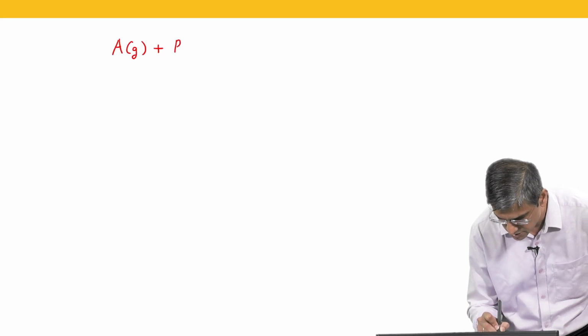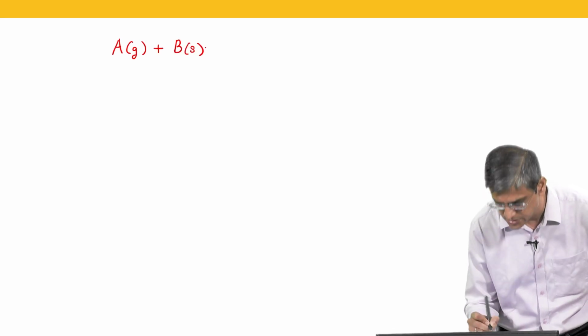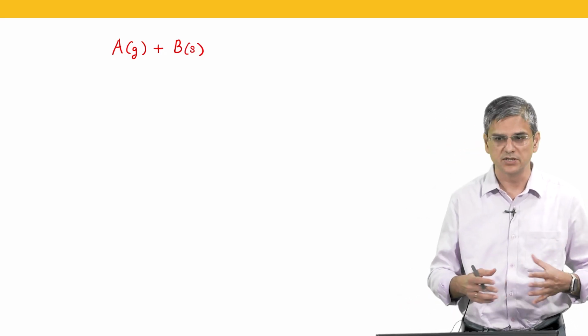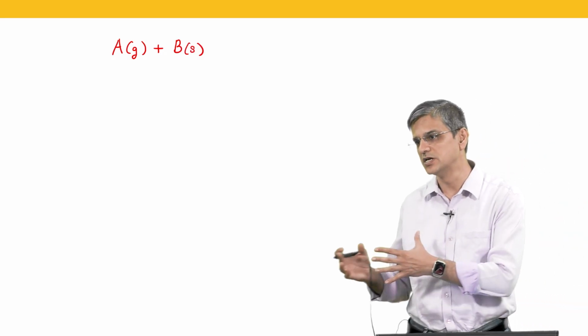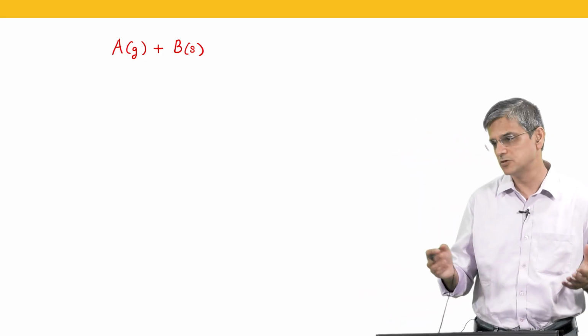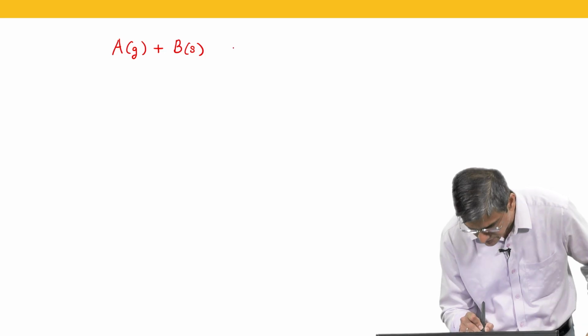Let us say we have A in the gas phase reacting with B in the solid phase. So, this B might be an ore, it might be a metal, it might be camphor, it might be coal, it can be whatever, it might be biomass when it comes to biomass gasification.